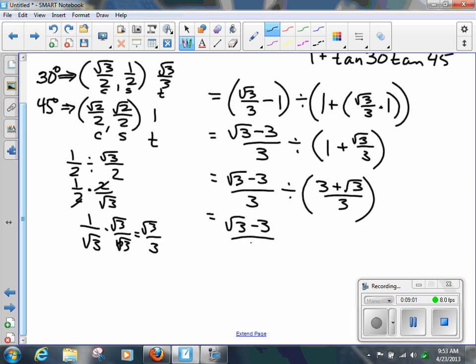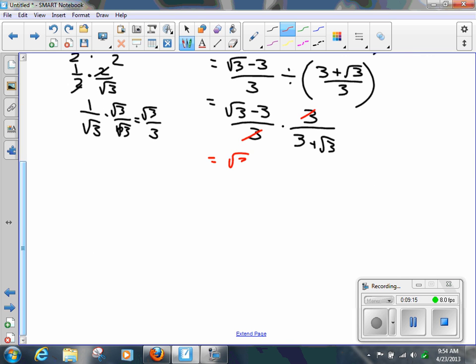All right, here we go. I'm going to multiply by the reciprocal. What happens? My 3's cancel. Okay? Now, look what's going to happen. I have to multiply by the conjugate, which is going to be 3 minus root 3 over 3 minus root 3.